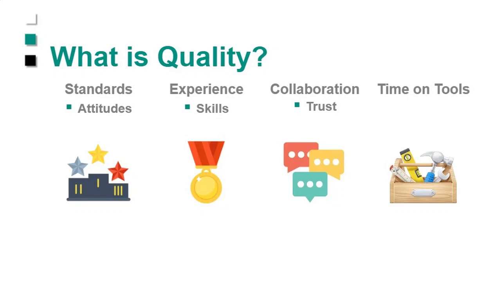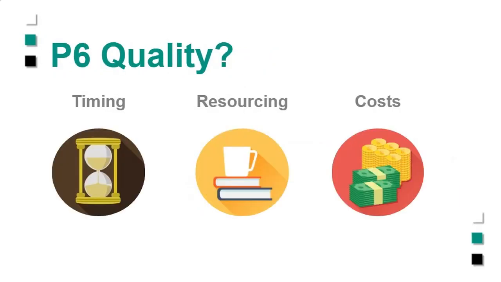When you're working with P6, of course, there's three aspects of project management that you're dealing with: the timing, so the schedule, and everyone uses that, and the resourcing. A study Oracle did, quite old now, but I would imagine the percentages are similar: 60 to 70% of people use resources.